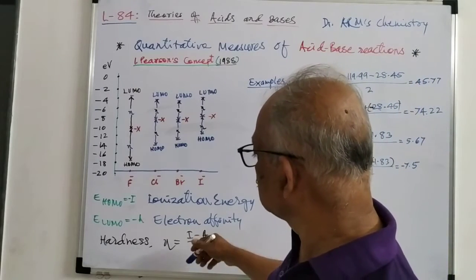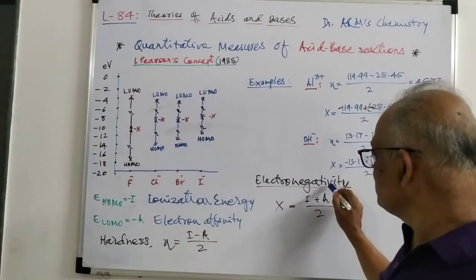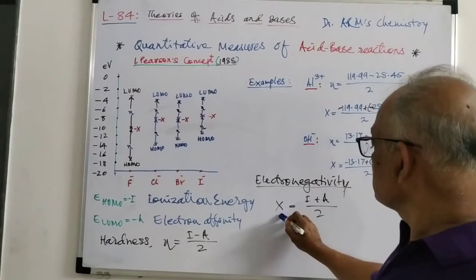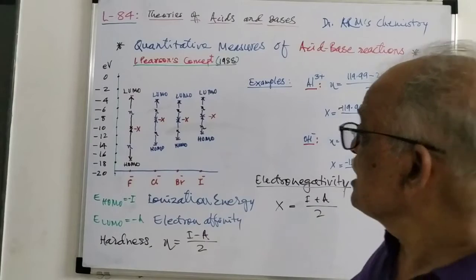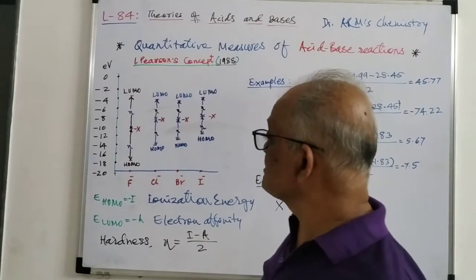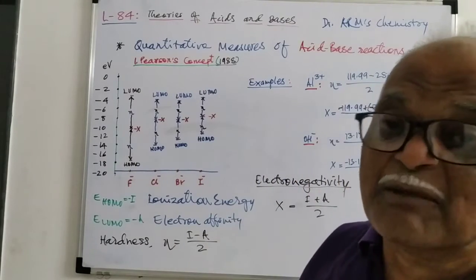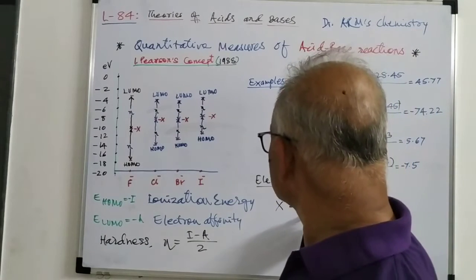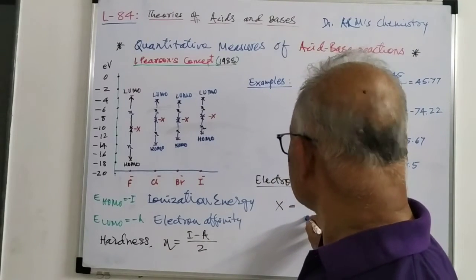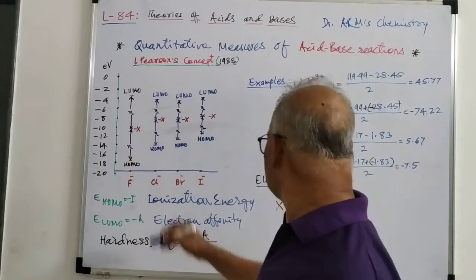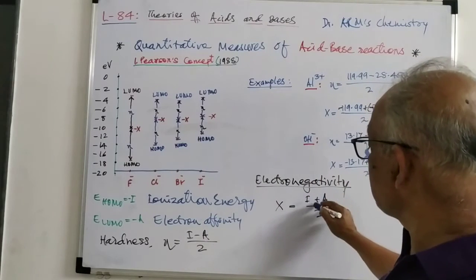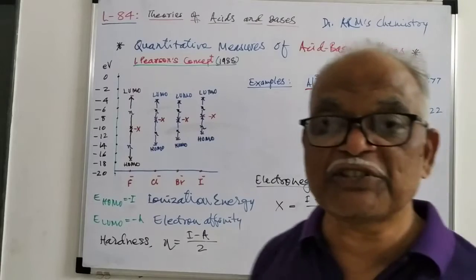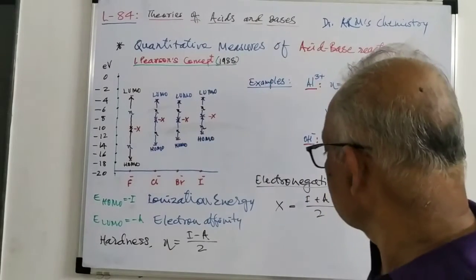Similarly, we can have the electronegativity, that is X. Here X has a negative value because it is half of the sum of I and A, the ionization energy and electron affinity.